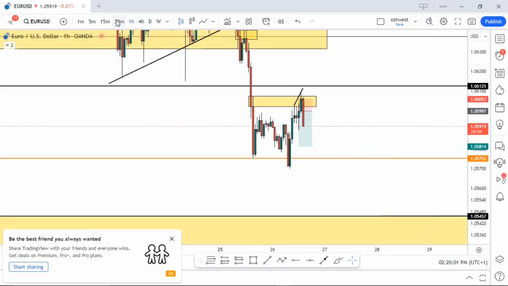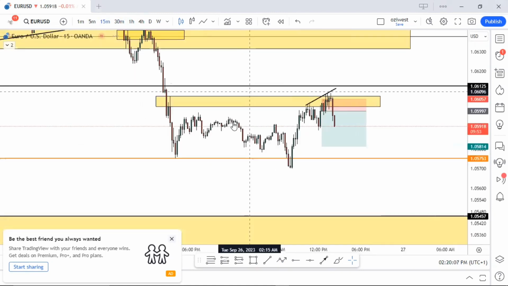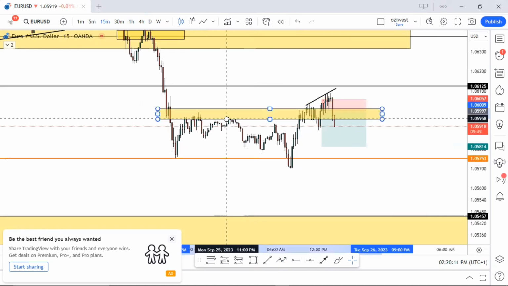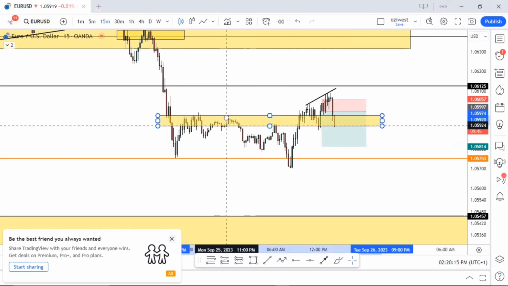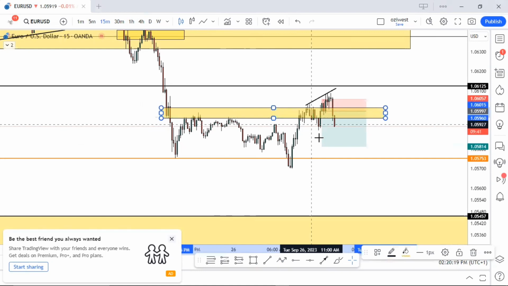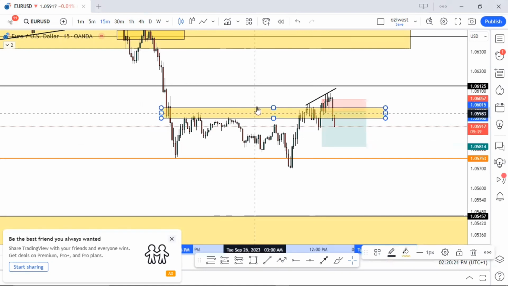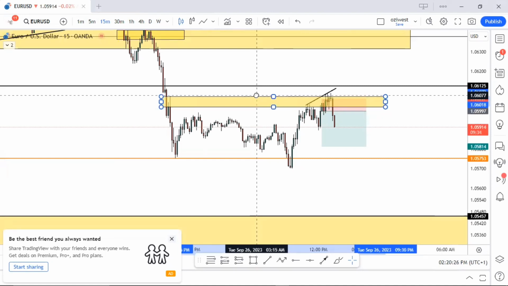So the issue with that entry was that our resistance zone wasn't drawn properly. It was drawn properly, wasn't it? Yes. We have this resistance. But we have another resistance here, which price ended up respecting.